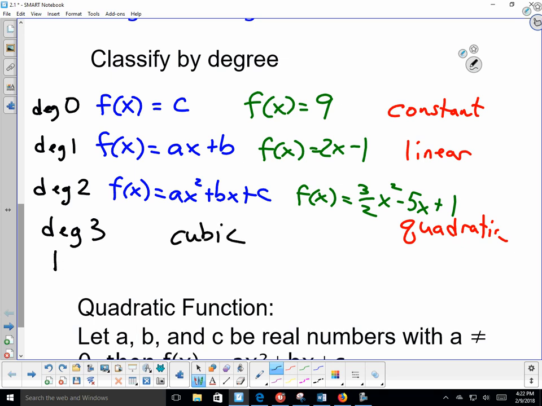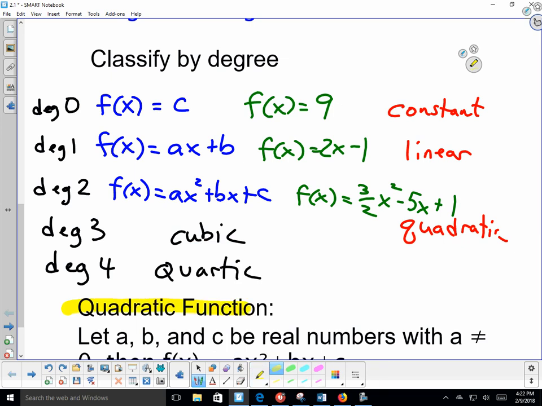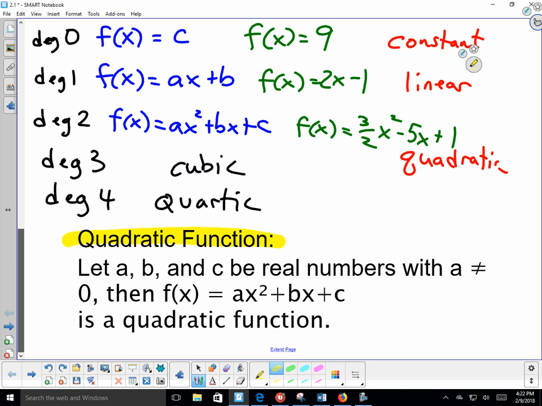A degree 4 is a quartic function. But we're not going to be looking at those today because we really just want to focus on the quadratic function. So in our example, let a, b, and c be real numbers, and a is not allowed to equal 0. Then f of x equaling ax squared plus bx plus c is going to be a quadratic function.